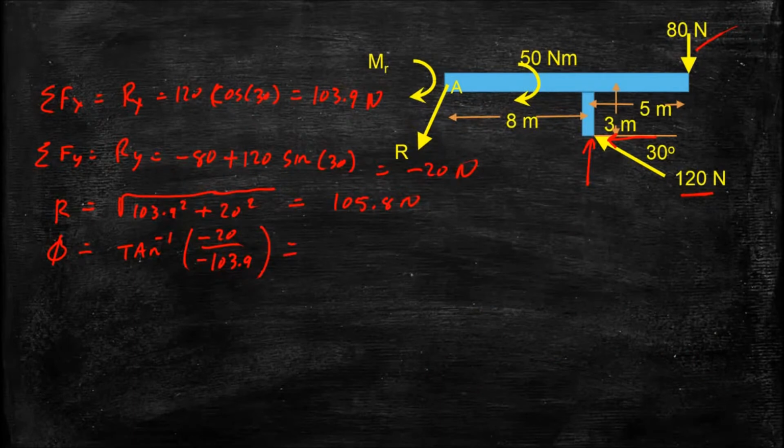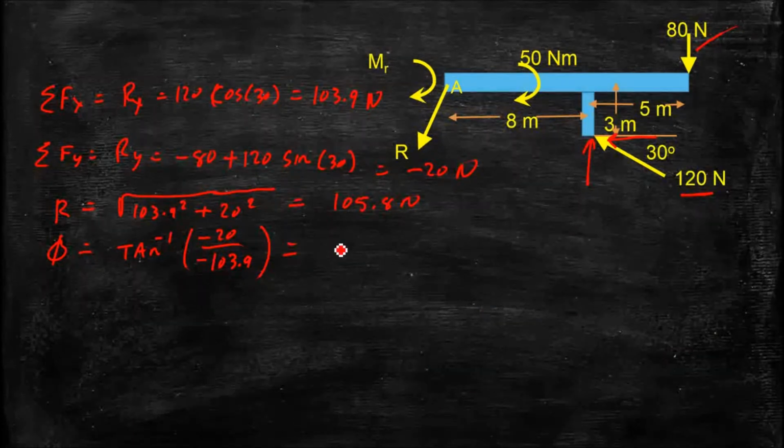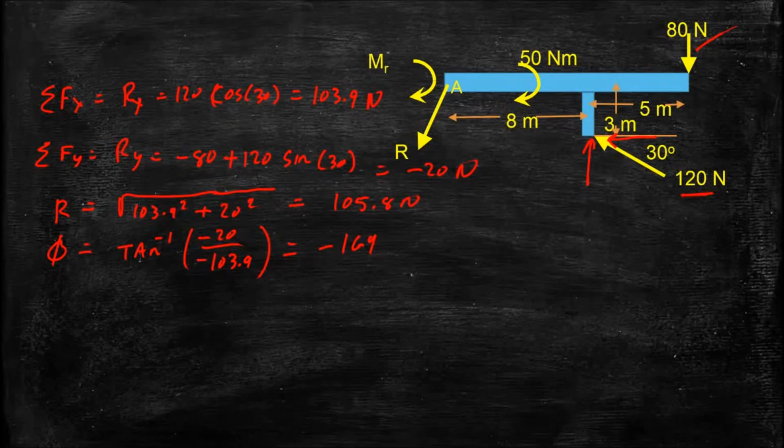So that gives me an angle of minus 169 degrees if I did everything correctly. So up here I can label my resultant force as having the magnitude of 105.8 newtons and an angle of minus 169.